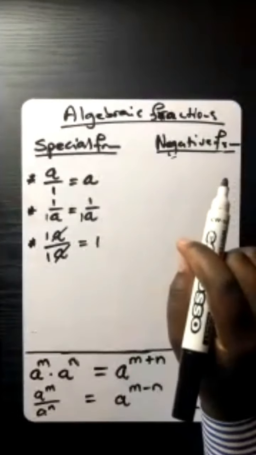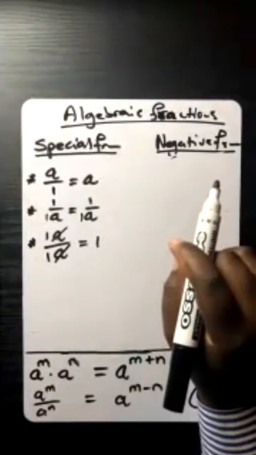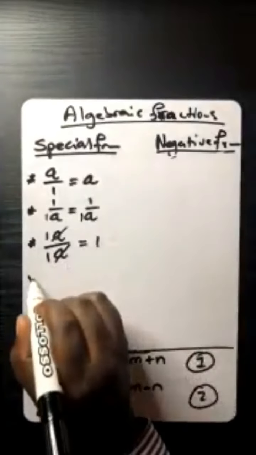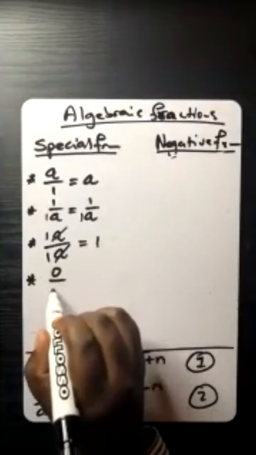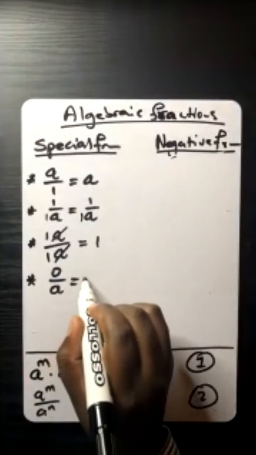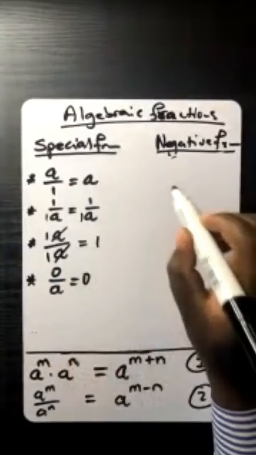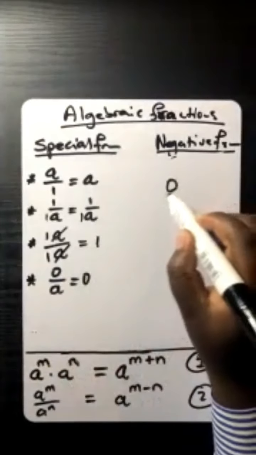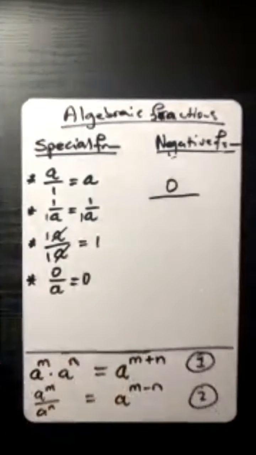Okay, let's see. What else did I want to cover? I think I wanted to cover also this one to say 0 divided by a is equals to 0, which means make a note of this one as well. 0 divided by, let me be careful of that one.